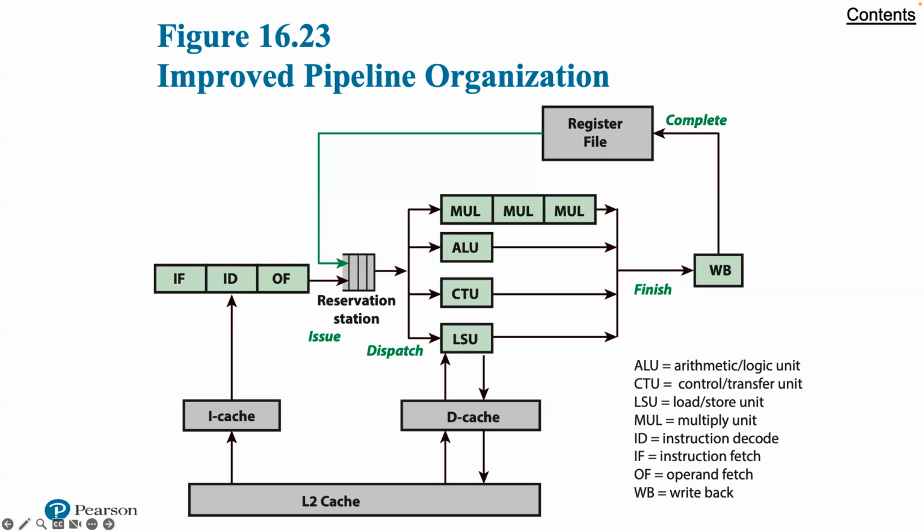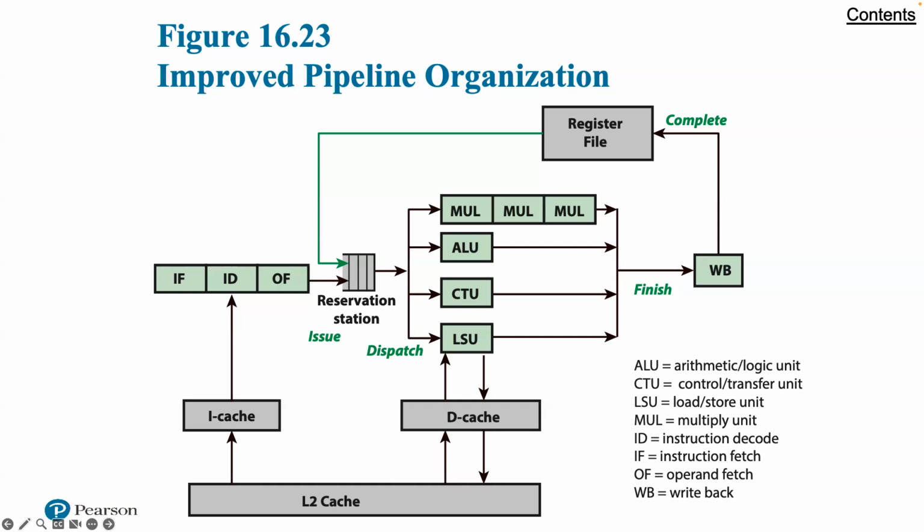Then we have the reservation station, a buffer used to hold operations and operands for an EX unit until the operands are available. The purpose of the reservation station is to relieve a bottleneck at the OF stage. The OF can issue an instruction as soon as a functional unit is available and hazards are resolved.